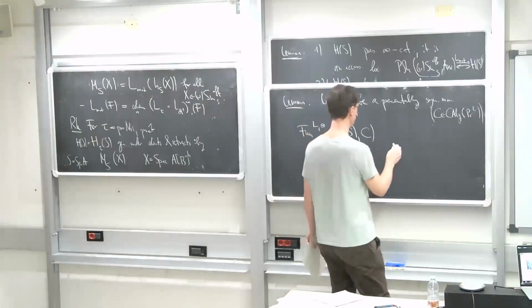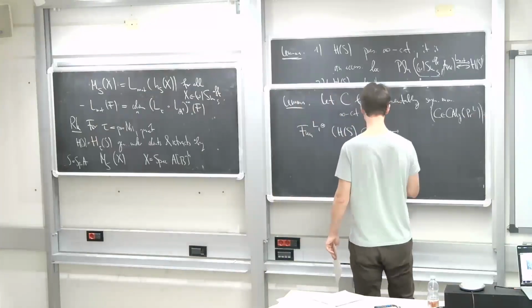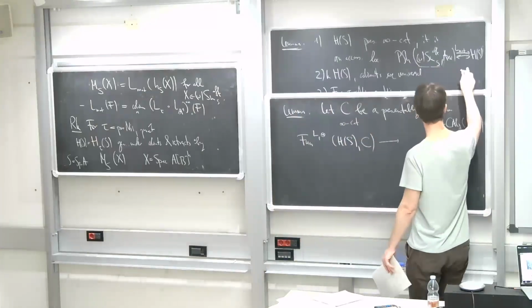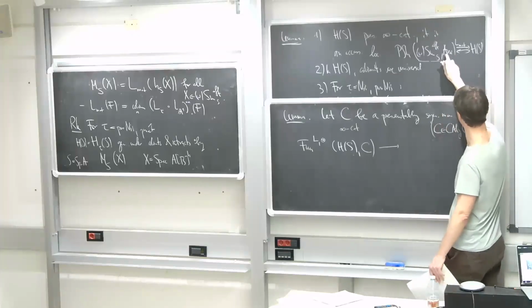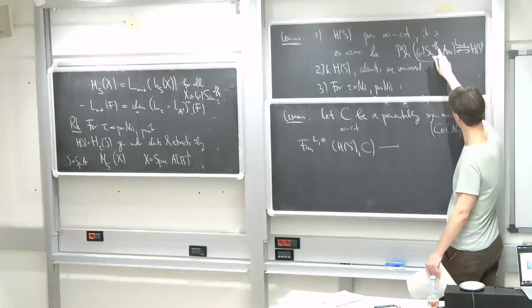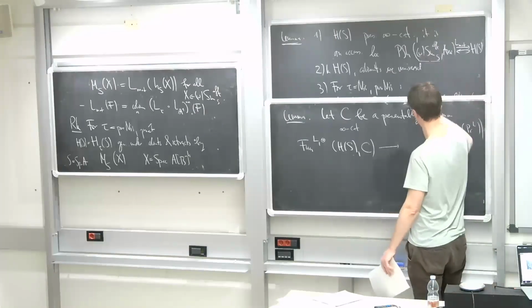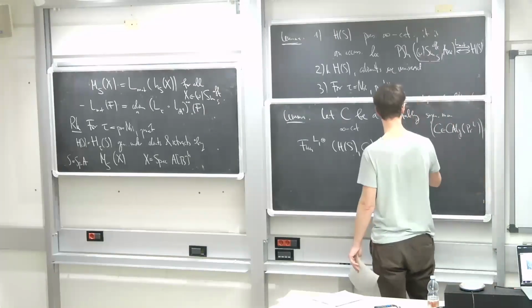If you have such a functor, then of course you can compose it with this L, right? You certainly get a functor from the pre-sheaf category, which you can then restrict to these schemes.